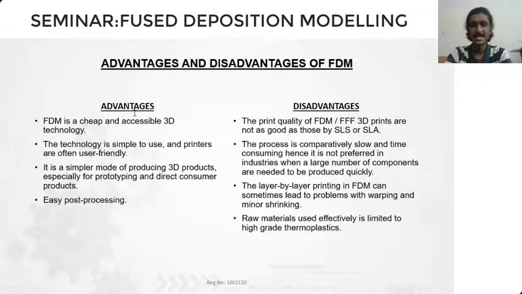Only plastic material can be used. It does not have its operational range extended to metal and other non-metallic materials. So these are the advantages and disadvantages of the FDM process. Now let's view the video upon the FDM process for further information about the FDM process.